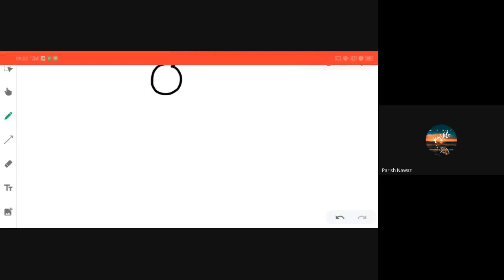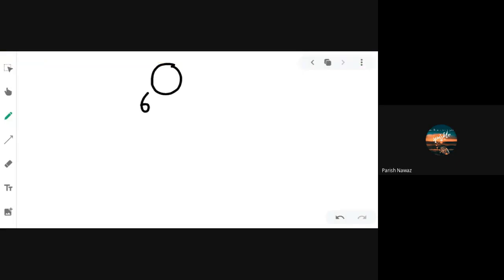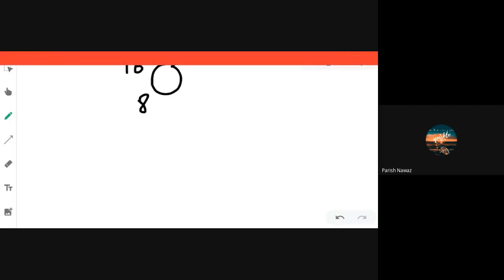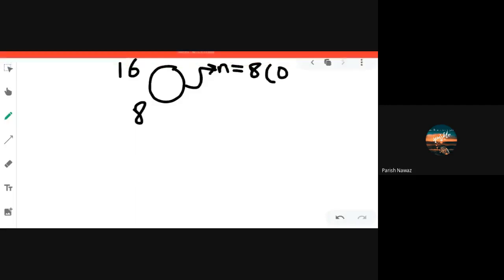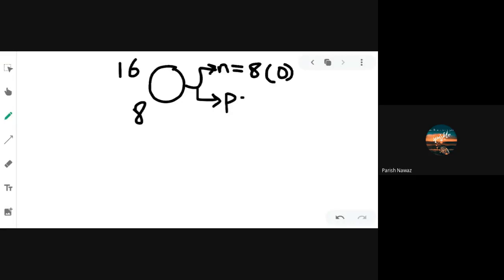Okay, so you know that oxygen carries atomic number 8 and atomic mass 16. What does that mean? It means that it carries neutrons equal to 8 and their charge is 0, and then it carries protons equal to 8, and because the charge of one proton is one positive, it has a total of 8 positive charges.